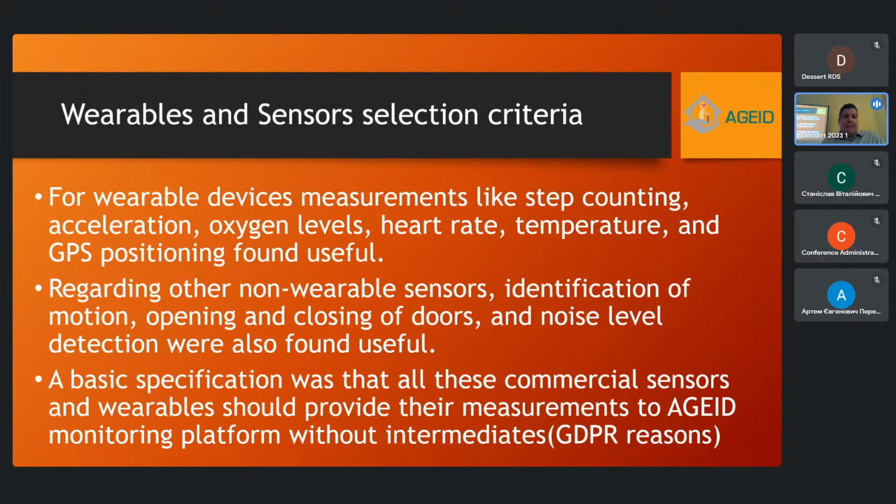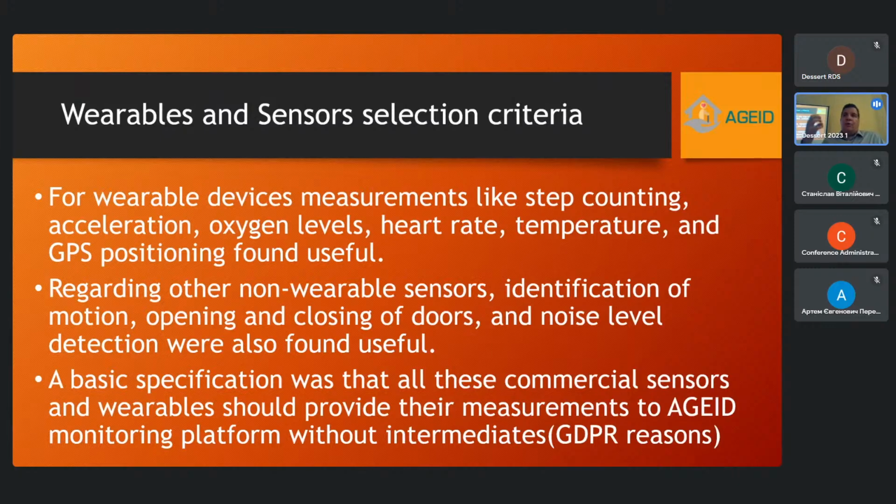Other measurements are heart rate, body temperature, and GPS location, because they can move around the city. They are not free to go shopping, but sometimes they get lost or they don't come back at the time that they should. So it's important to have GPS positioning, for example.